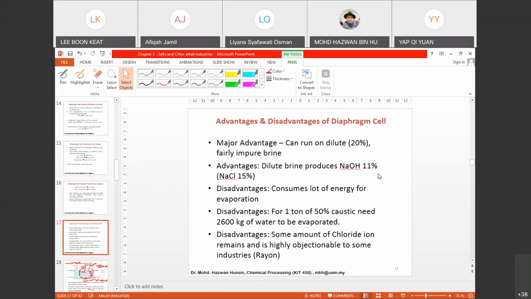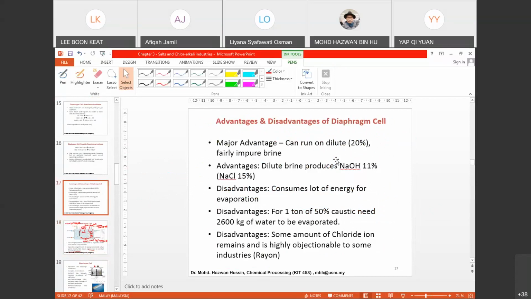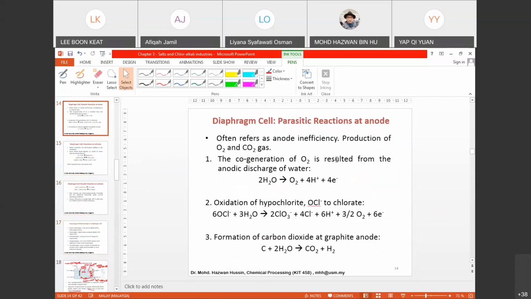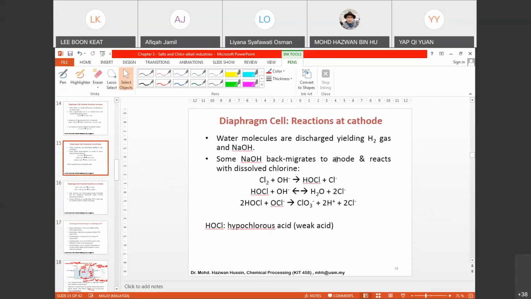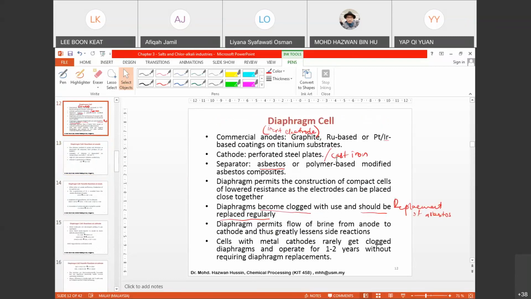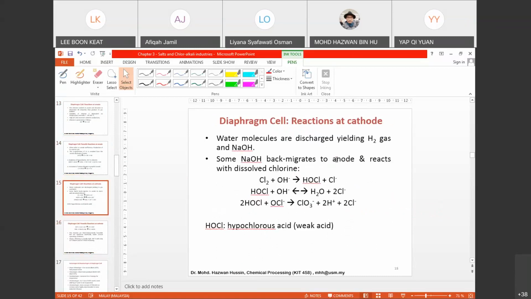One slide down. Which one? Slide 15. This one?